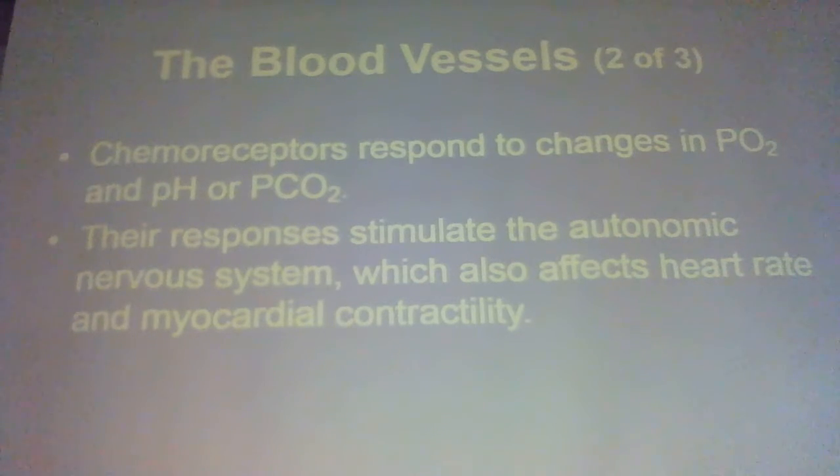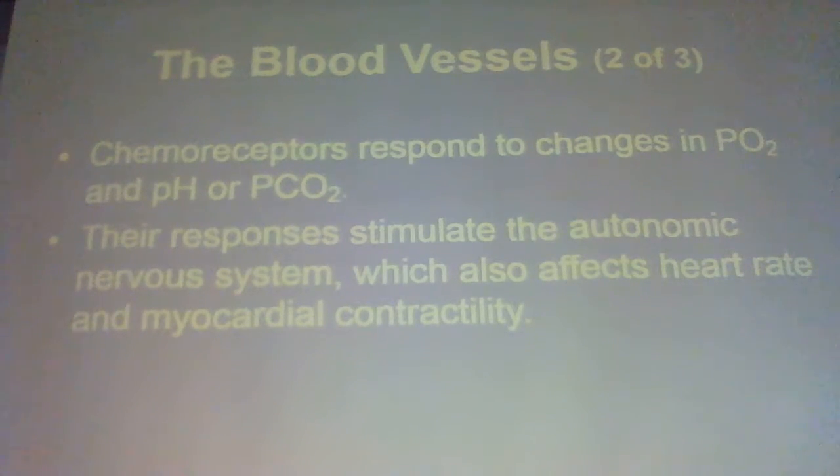How about oxygen and CO2 and pH? So what's our primary stimulus to breathe? CO2 levels, right? How does our body know that? Chemoreceptors. They're also located in your carotid arteries, your aortic arch, and your cerebral spinal fluid.